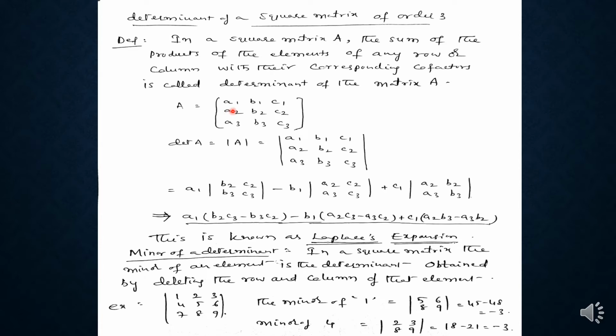For example, to expand this determinant value, A is equal to A1, B1, C1, A2, B2, C2, A3, B3, C3. For that we can take any row or any column. In this case we are taking the first row elements A1, B1, C1. A1 into its cofactor plus B1 into its cofactor plus C1 into its cofactor gives the determinant value of A. So A1 into its cofactor is A1 into plus into B2 C2, B3 C3, plus B1 into its cofactor, which gives minus 1 whole to the power of i plus j.